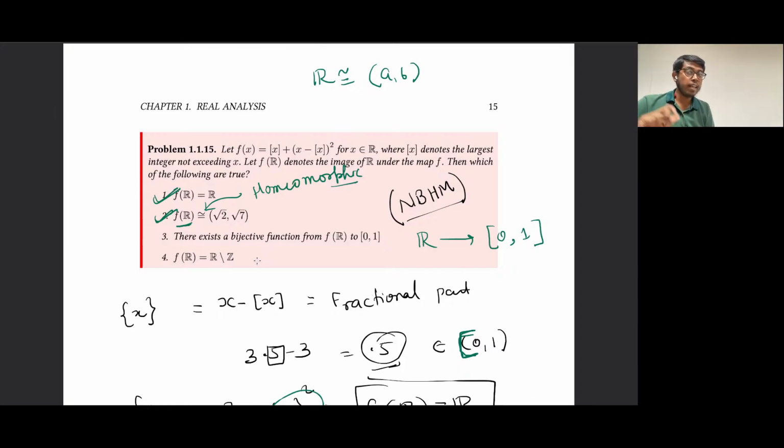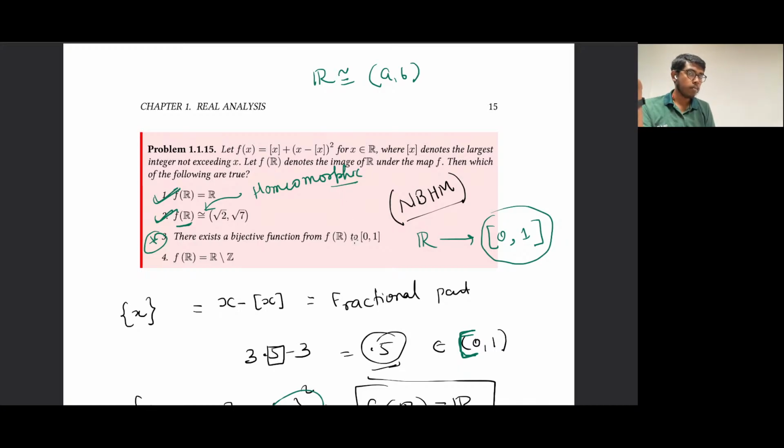I deliberately gave this option so that it is just asking for a bijective function, not a continuous bijective function. Okay, so you don't have a continuous bijective function because this set is compact. But you have a bijective function because both have the same cardinality.